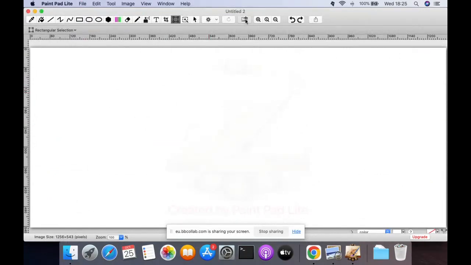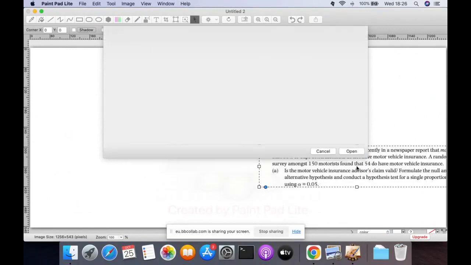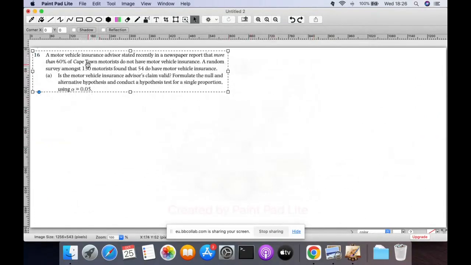And insert the question here so you have it for reference. All right, here we go. So here, a motor vehicle insurance advisor stated recently in a newspaper report that more than 60% of K-Town motorists do not have a motor vehicle insurance.